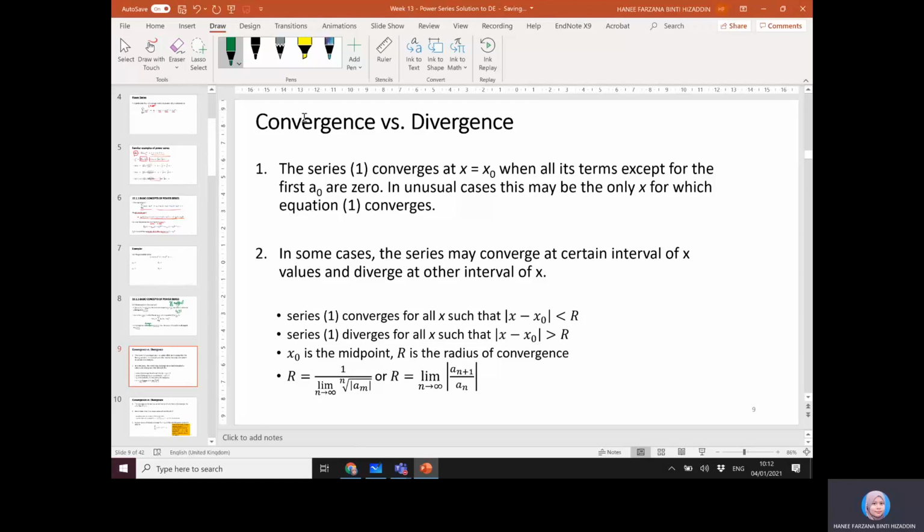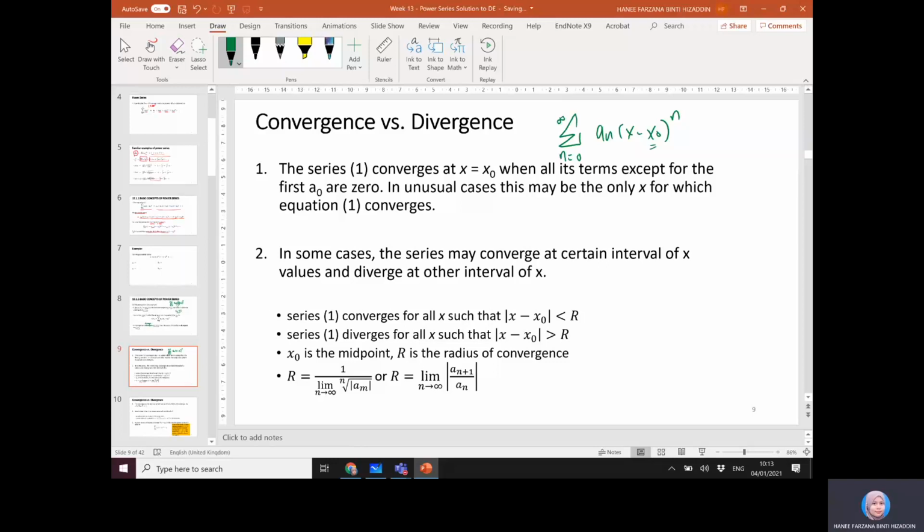So the series 1 converges at x equals x naught when all its terms except for the first, a naught, are 0. In unusual cases, this may be the only x for which equation 1 converges. So this is your equation 1 again.